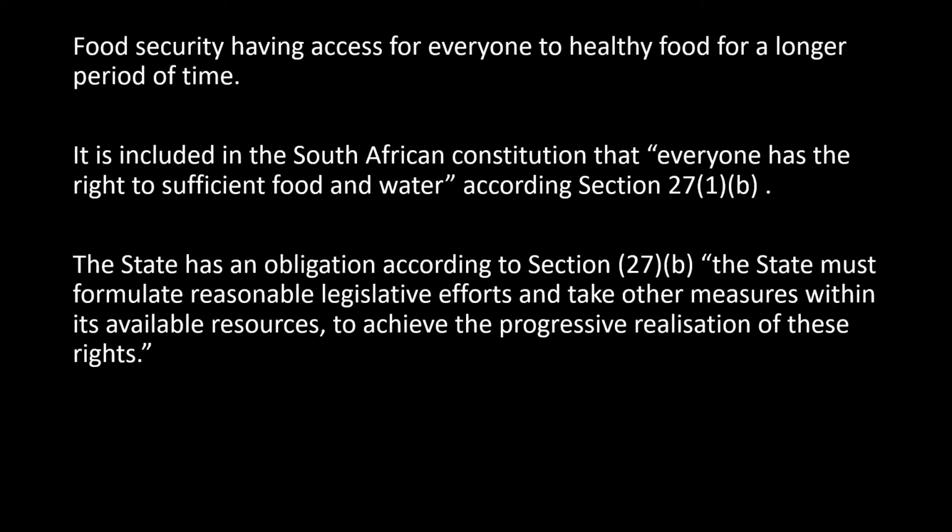The state has an obligation according to section 27(b), which is the state must formulate reasonable legislative efforts and take other measures within its available resources to achieve the progressive realization of these rights. So basically, food security is quite an essential issue in South Africa. I mean, it being in the Constitution.